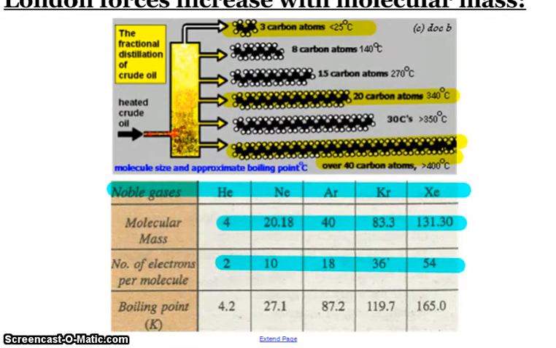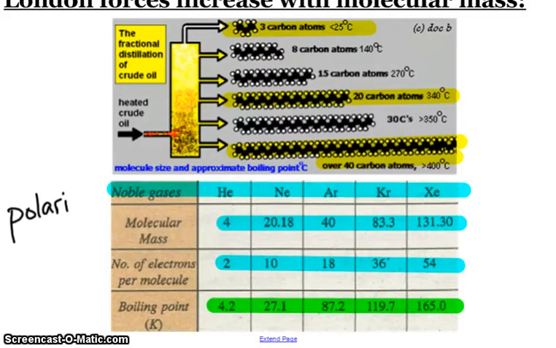And so you can see a significant increase in the boiling points for these elements based on the fact that they're larger, having more electrons, which makes them what we call more polarizable. Okay, this is a word we'll use, and we'll see it here in a second. More electrons makes the molecule or atom more polarizable.